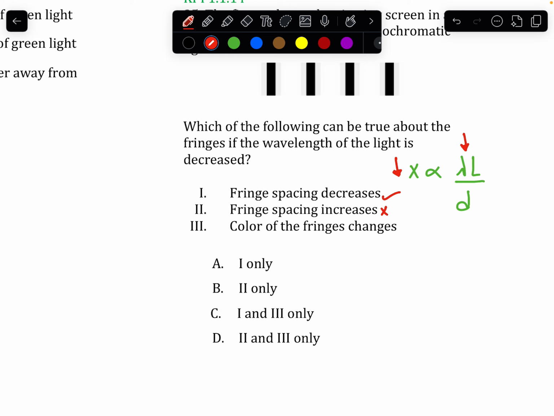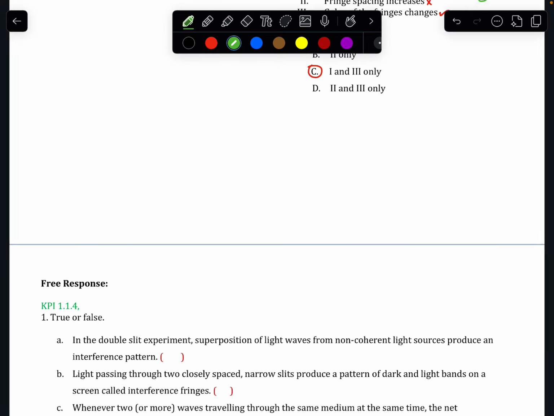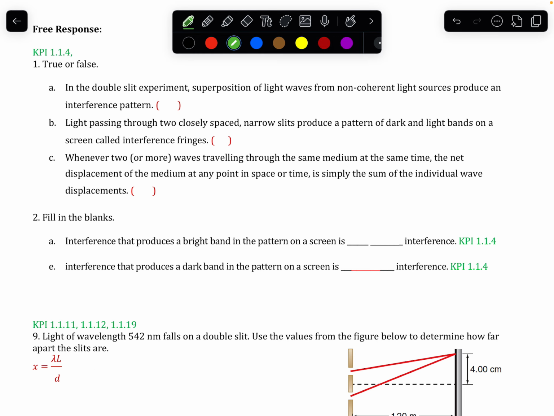Fringe color, yes, it changes. So here we are changing the color. So 1 and 3 are correct. For bright bands, it is a constructive interference, and here it is a destructive interference.